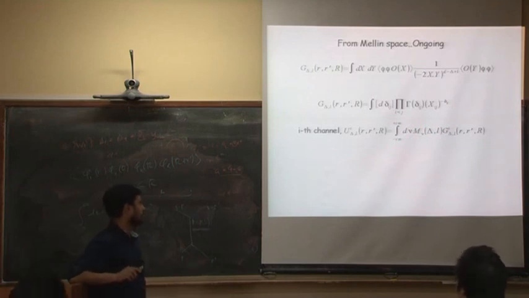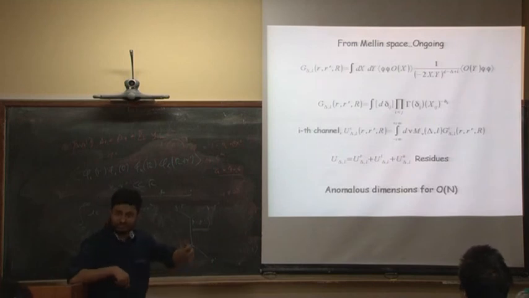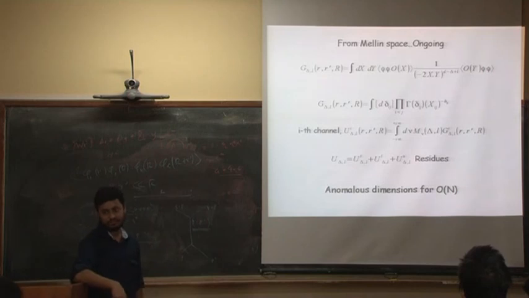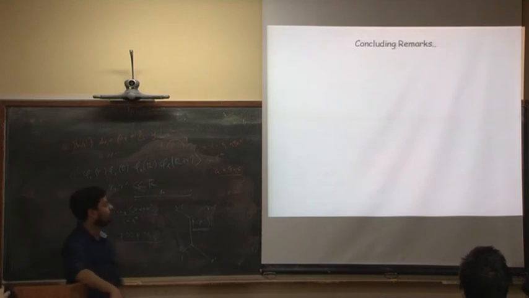That's the closest that I've been so far. And finally, you take the crossing symmetric part and take the residues of this. Again, for the epsilon squared order, we could match the coefficients of the anomalous dimensions for phi squared and for the symmetric combination. But this is also very far from complete, so concluding remarks.